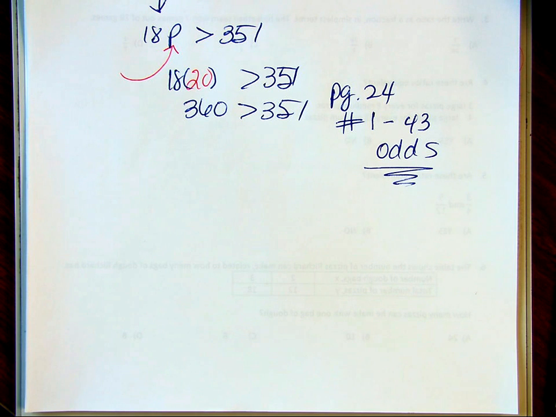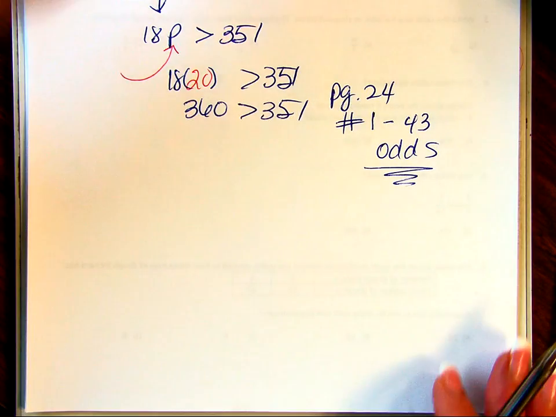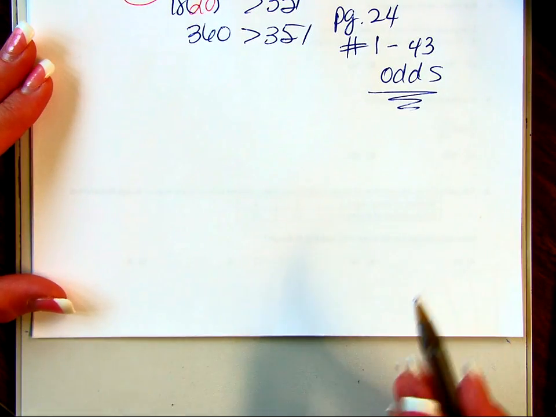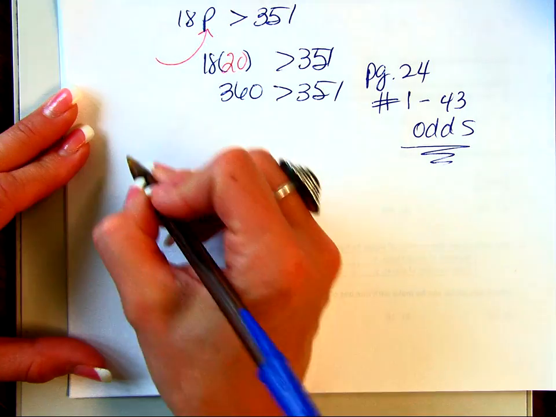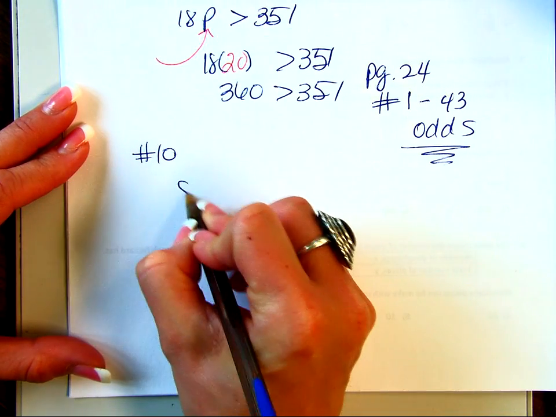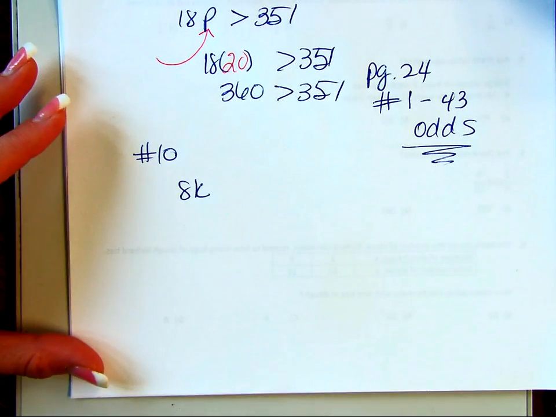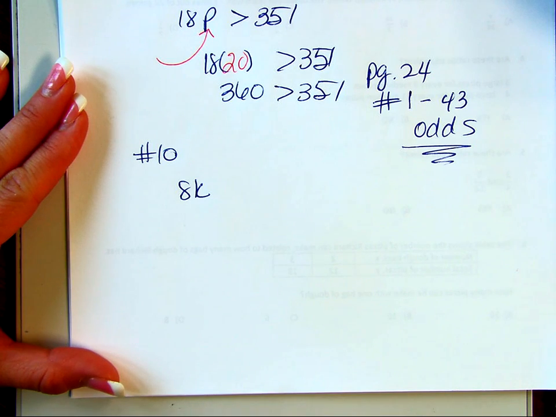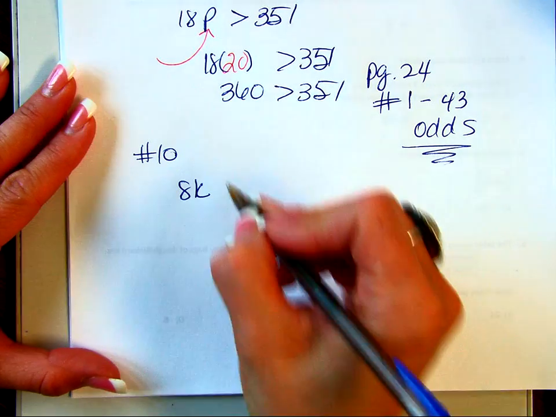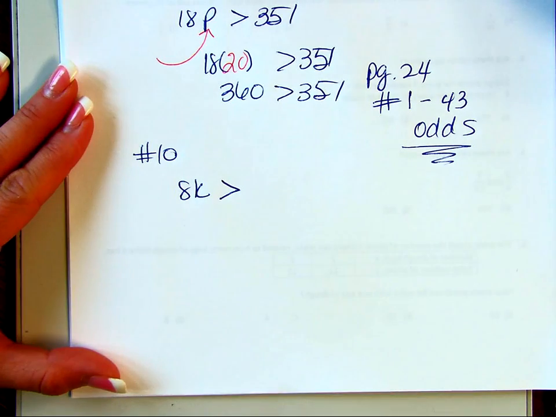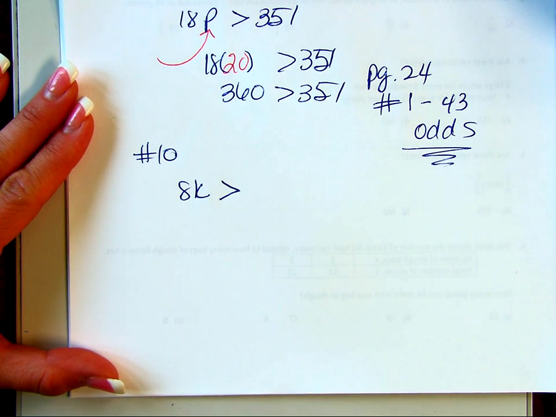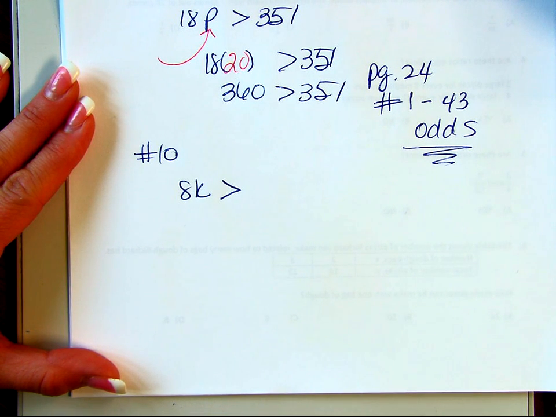Now, I want you to look at number 10 with you. It says the product of 8 and a number k. How do I write that? 8k. And then it says is greater than, which means that. Oh, this one's a little tricky. 4 and no more than 16.